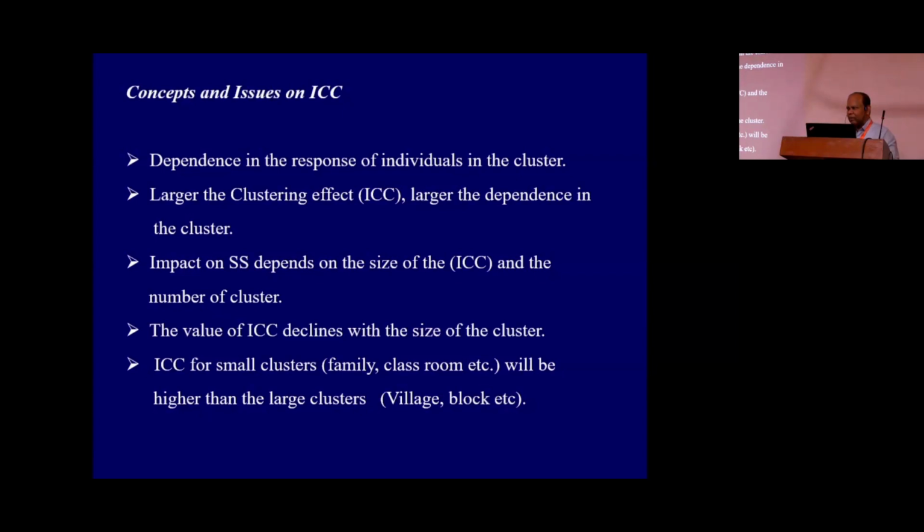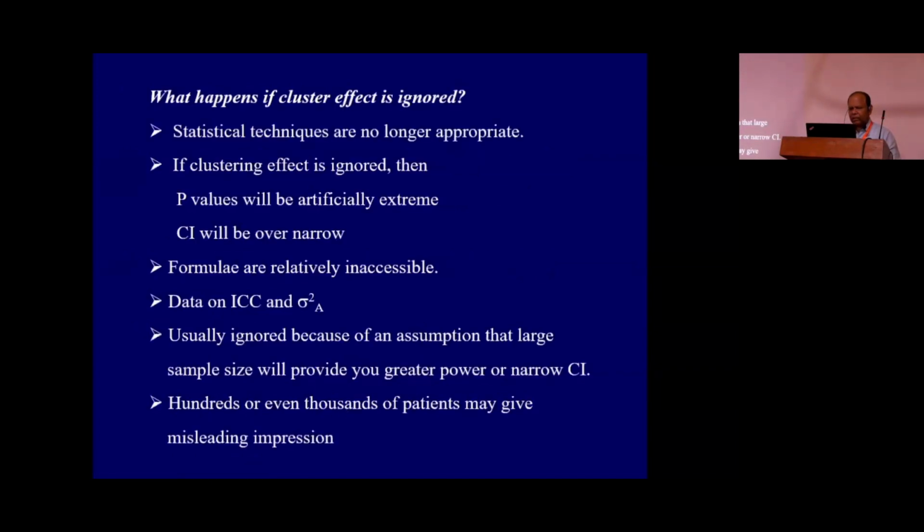If you take a household as a cluster, the ICC is expected to be larger. The smaller the size within the cluster, the higher the correlation we expect. The value of ICC declines with the size of the cluster. Family and classroom will be higher than the larger clusters and so on. These are all just common sense concepts.